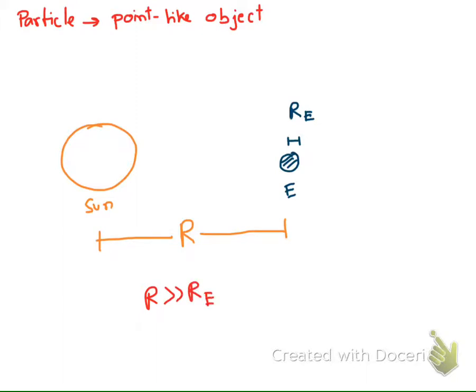So, the internal motion of the Earth, for example, the spinning of the Earth and the tilt of the axis, will not have an effect on the motion of the Earth around the Sun. So, in this case, we can say that the Earth is a particle.